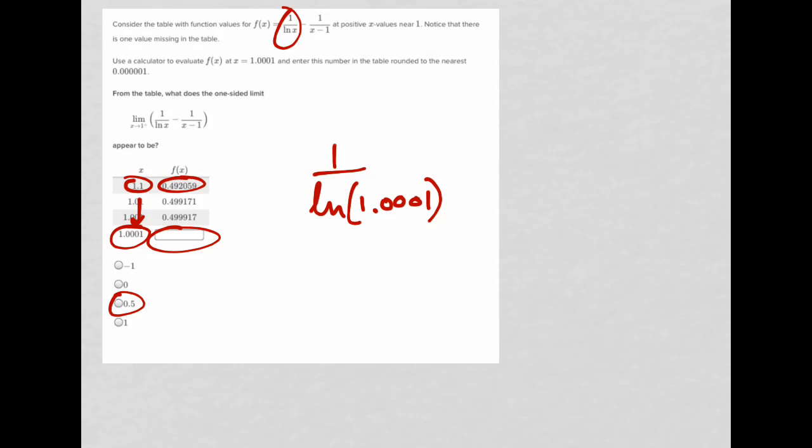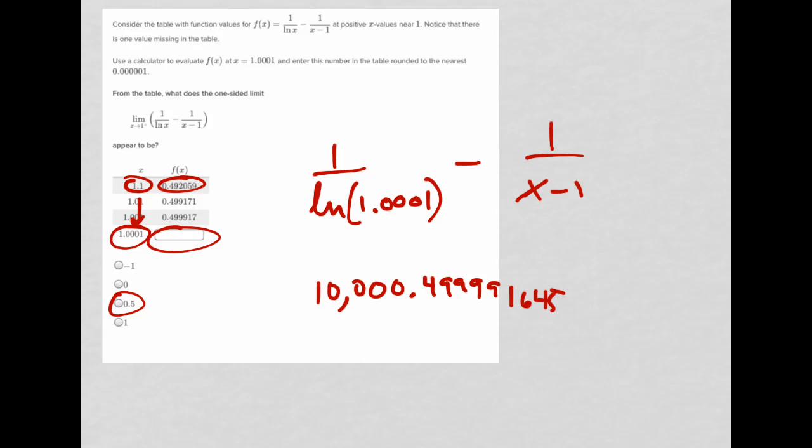So this part of the function, when I plug in 1.0001, I get 0.499991645, whatever. I'm just writing it down so I can use it later on. Minus 1 over x minus 1. Now I'll plug that in, except instead of x, remember I'm plugging in 1.0001.